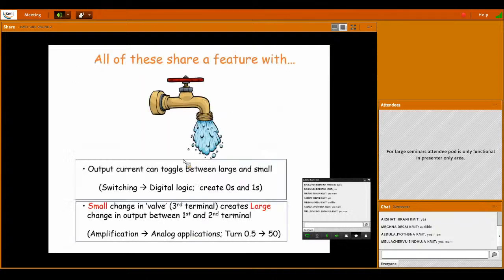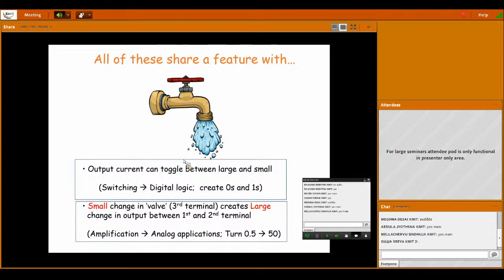Now, a simple logic. This is a tap which has a valve, an inlet, and an outlet. Let me take the inlet as port 1, the outlet as port 2, and the valve as port 3. So we have three ports here.